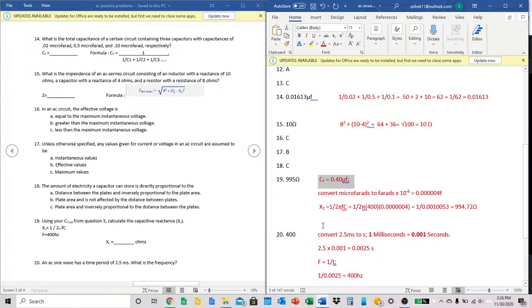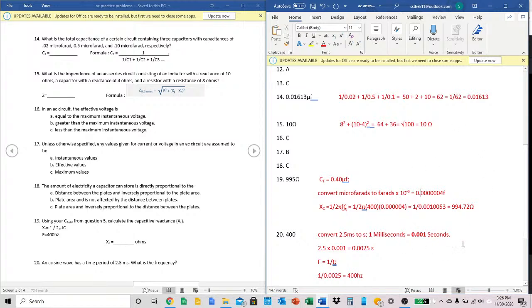Now we take all of this information and plug it into our equation: 1 over 2 pi times 400, which is our frequency, times the capacitance in farads. Let me count the zeros here, I have an extra zero in one place and this one is actually missing a zero.